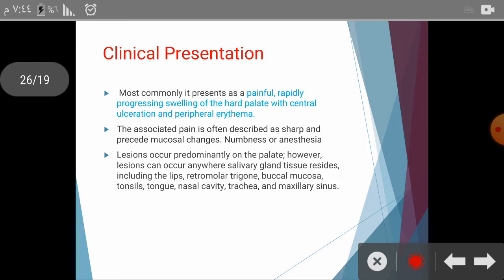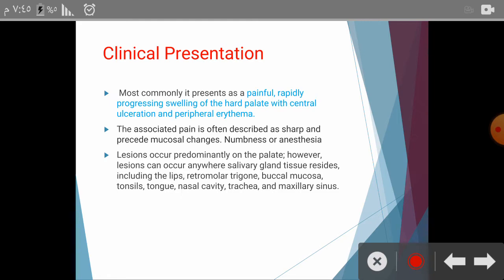The clinical presentation is more commonly a painful, rapidly progressive swelling of the hard palate with ulceration in the center and erythema in the periphery. The pain is described as sharp, and numbness and anesthesia are early signs.